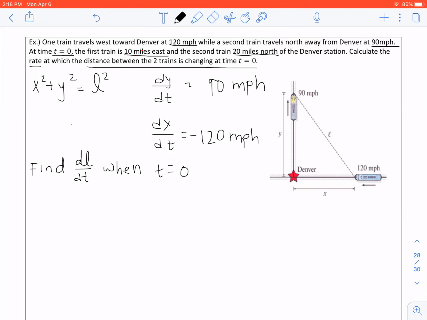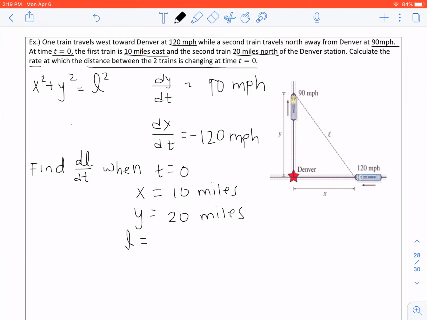So when t is 0, we know x is equal to 10, because it says the train was 10 miles east, and y is 20, because y was at 20 miles north. And I'm going to have to figure out what L is.